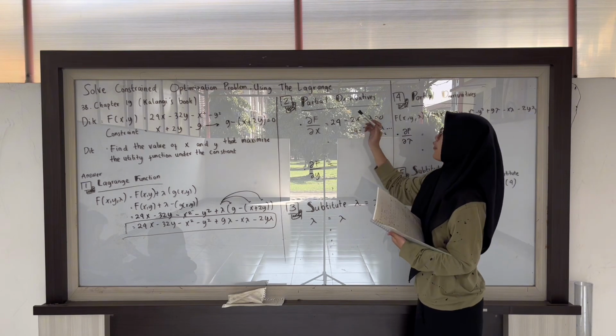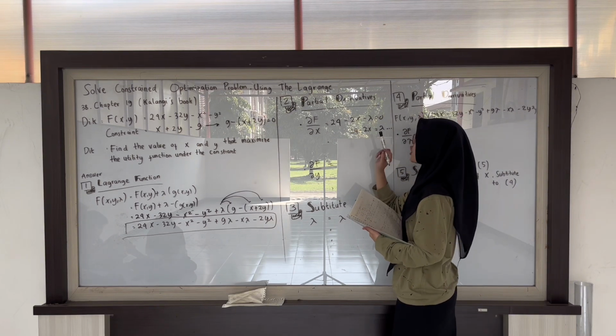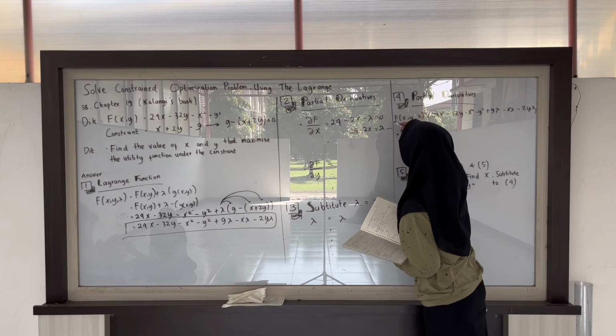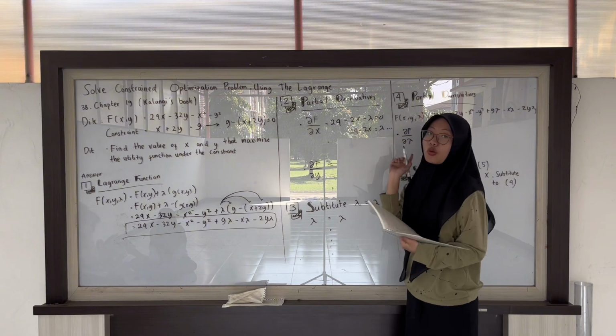The partial derivative with respect to x gives 24 minus 2x equals lambda. This is equation 1.